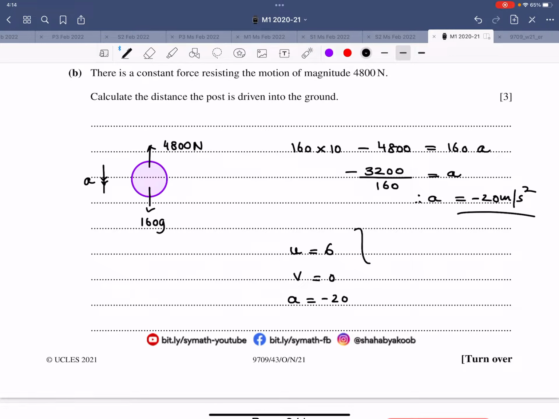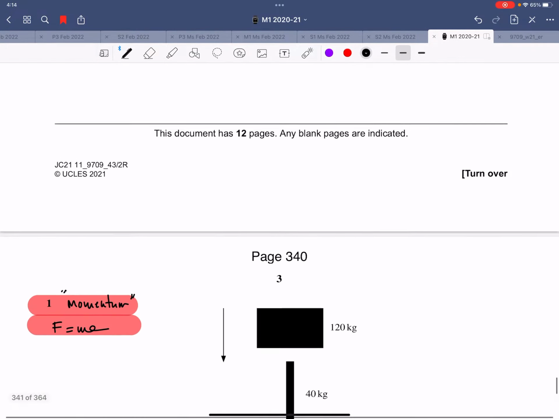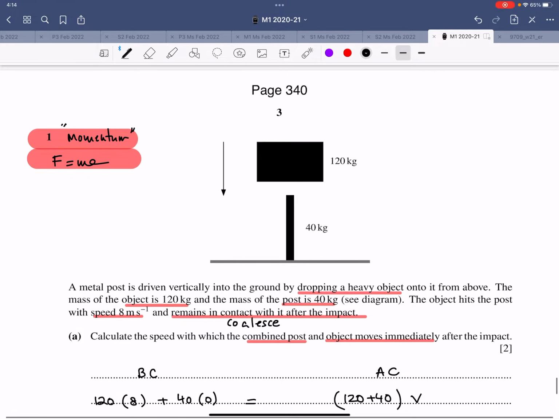So v squared is equal to u squared plus 2 into negative 20 into s. When you do the calculation, that is 36 over 40. s comes out to be 0.9 meters. So that was a nice question on momentum, F equals ma, and basic kinematics and equations of motion.